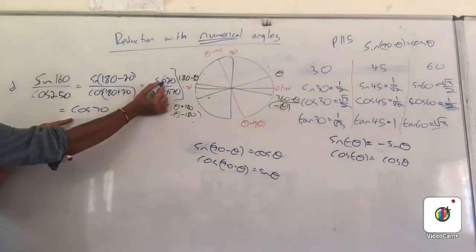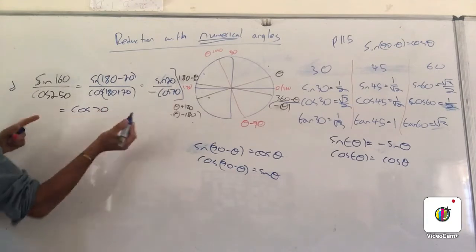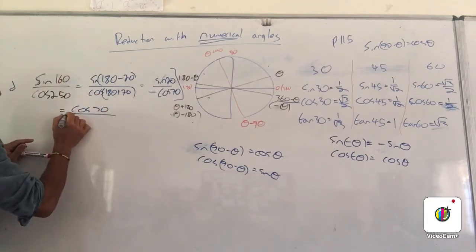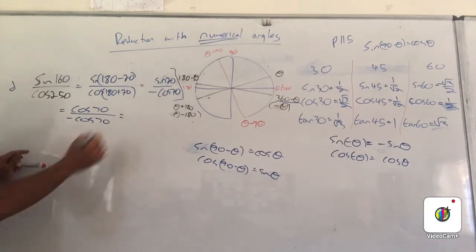Both of them are positive, so I don't need to add a plus or minus. Cosine 70 divided by minus cosine 70. What's the answer? Negative 1.